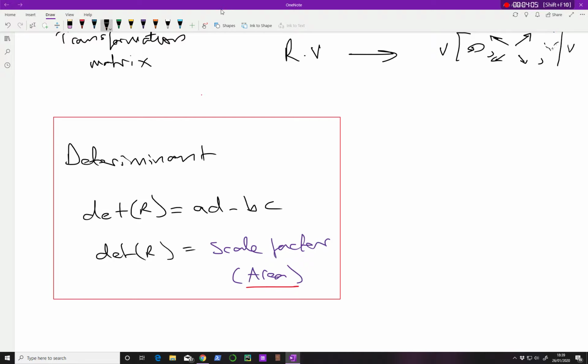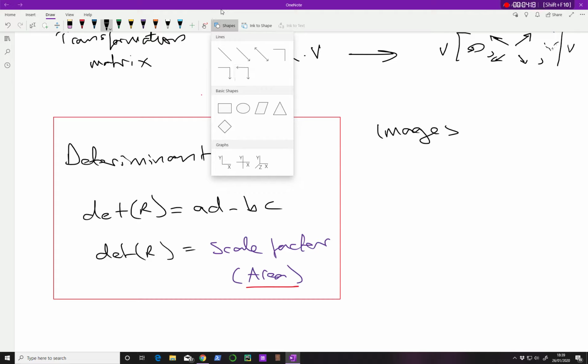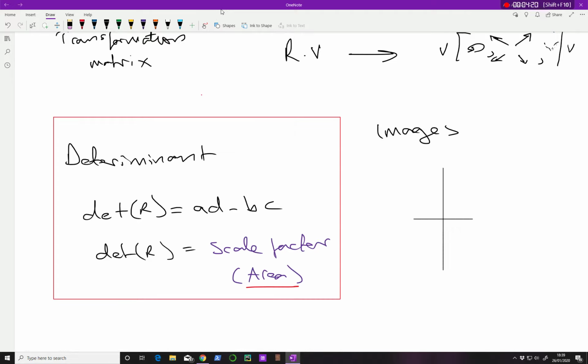The other thing you should know about is the use of images. So the images of unit points or unit coordinates. So on a Cartesian grid in x and y, so that's the y-axis and that's the x-axis, and this is the origin here.